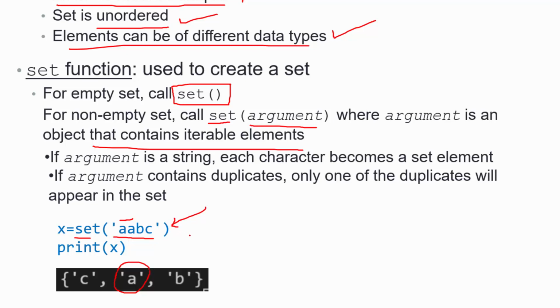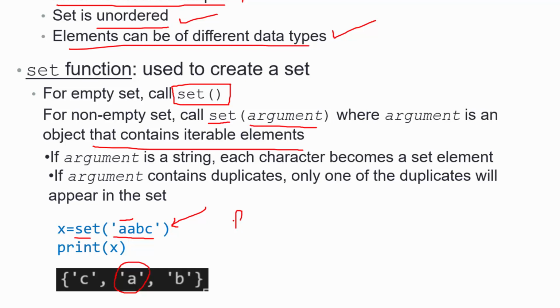But now, if you provide a string, imagine what's going to happen if you do a for character in a string loop. You'll get one character at a time. If you add them to a list, they all are added. But in the set, they are added, but duplicates are removed.